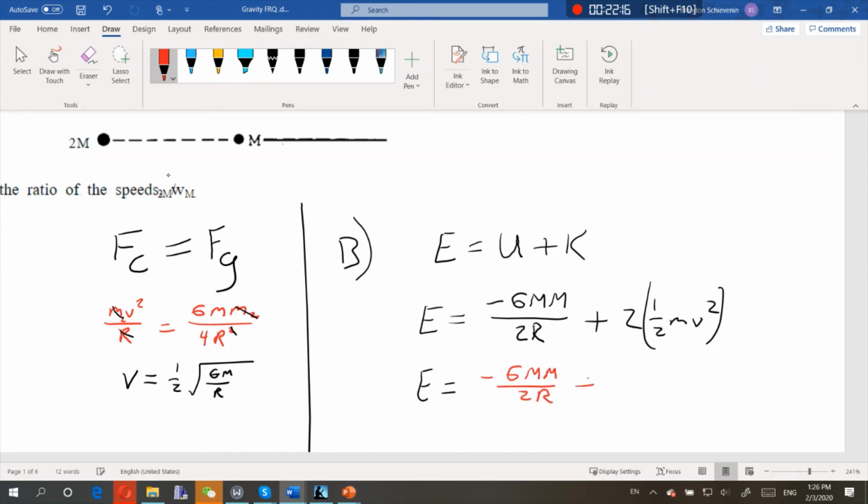Plus, that's just mv squared, and if we square it, then it's 1/2 times m times 1/4 GM over r.